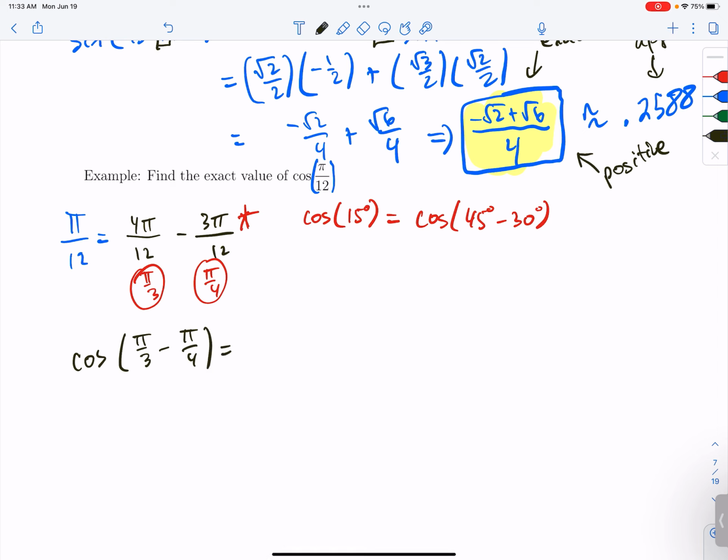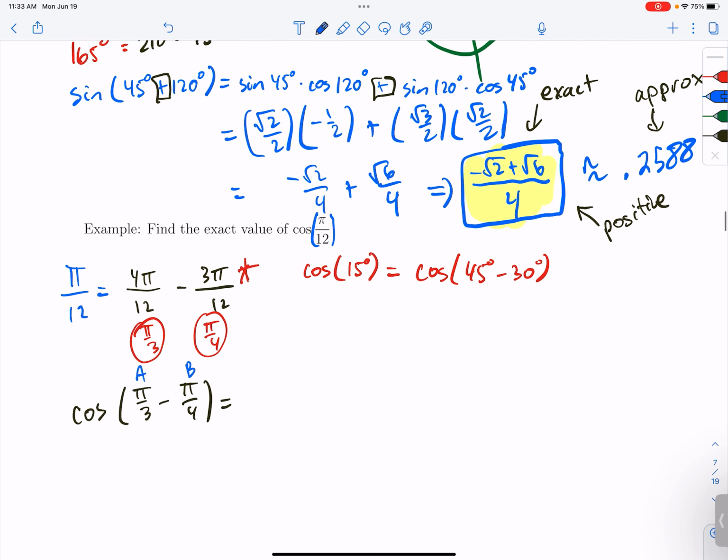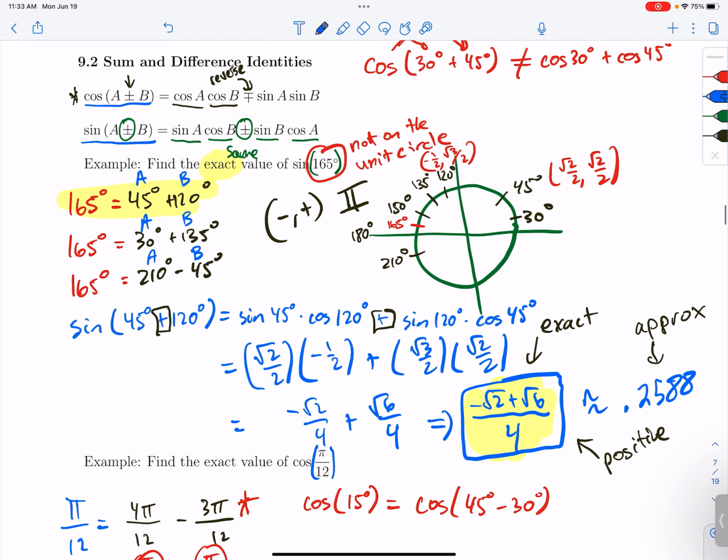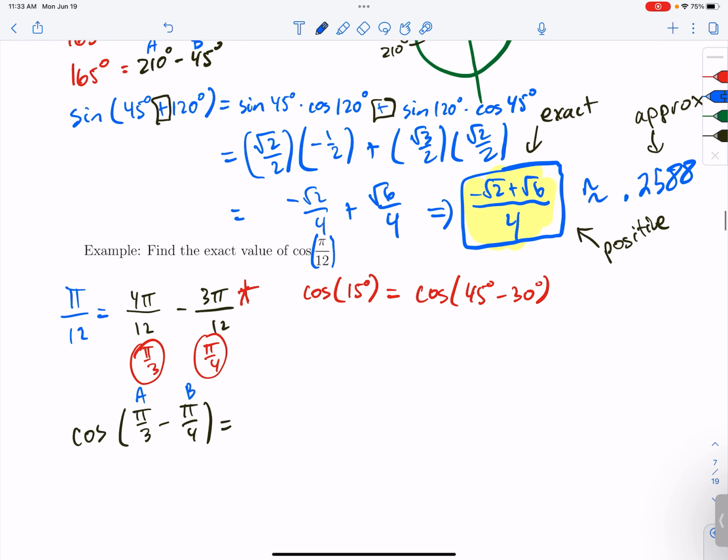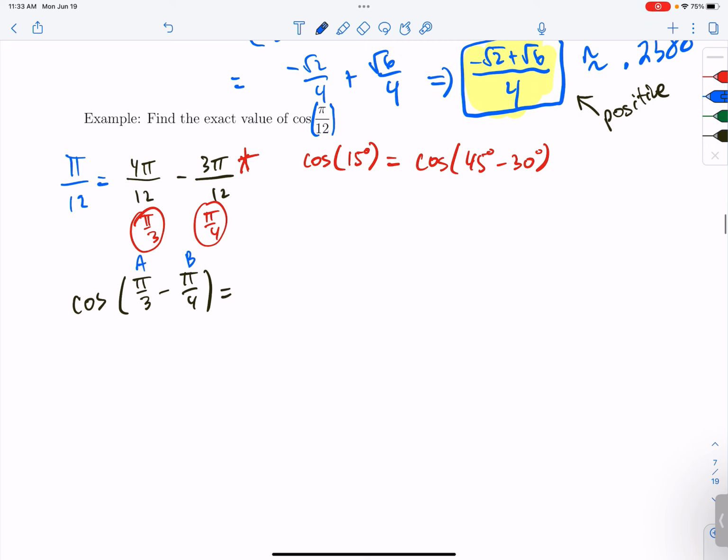The identity for the difference of cosine, I'll slide up here. Remember, we're going to reverse the operation. And then I have the cosines first and then the sine. So this will be cosine of pi over 3, cosine of pi over 4. Switch the operator.